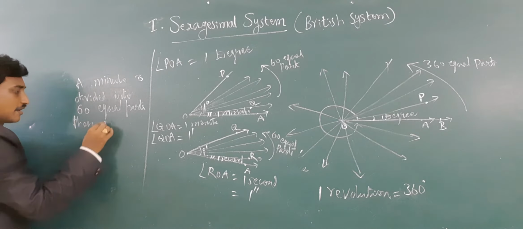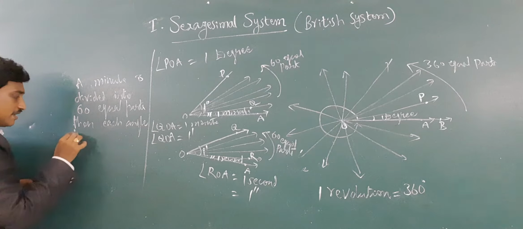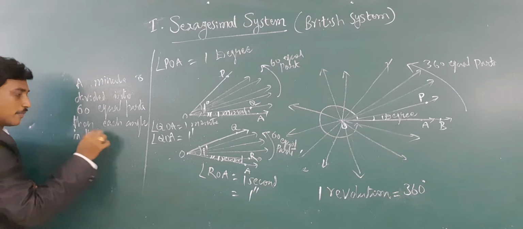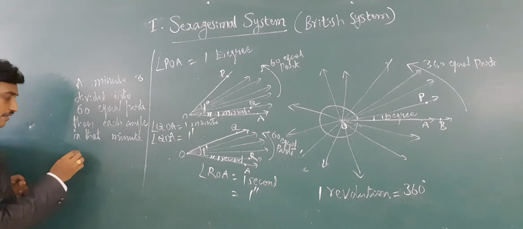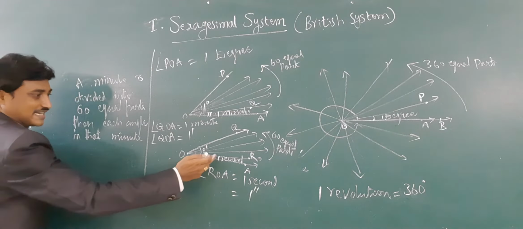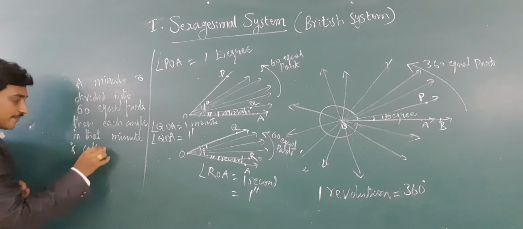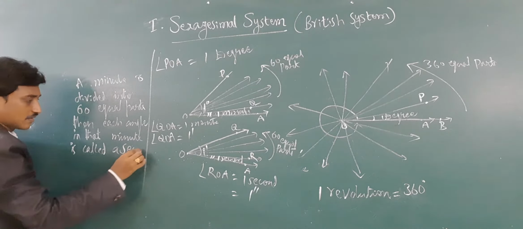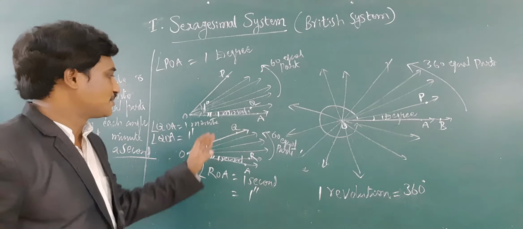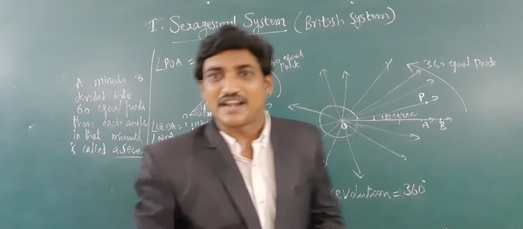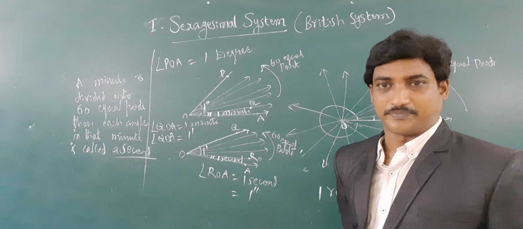Then each angle in that minute, that means each equal part in that minute, is called a second. One more thing, these minutes and seconds are different from minutes and seconds in time.